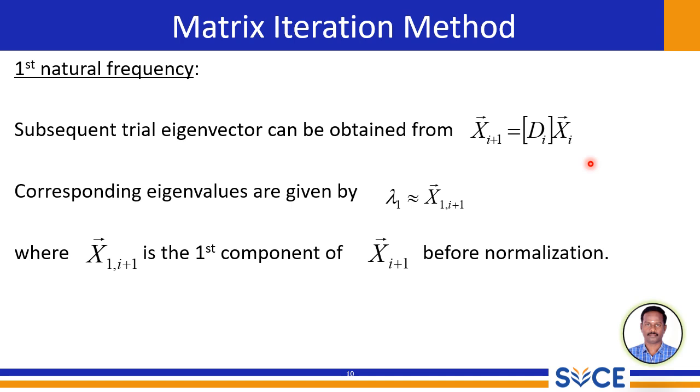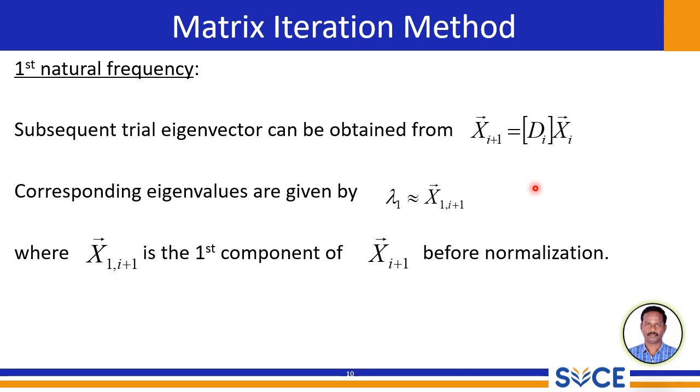Furthermore, this slide gives us a way to estimate the corresponding eigenvalue. It says that the eigenvalue can be approximated by looking at the first component of the vector x with i plus 1 before it is normalized. So in each iteration, after we multiply with the dynamic matrix, the first element of the resulting vector gives us an approximation of the eigenvalue associated with the natural frequency we are trying to find.